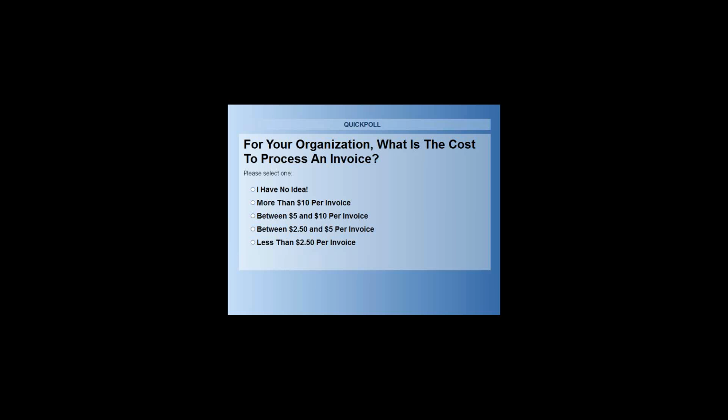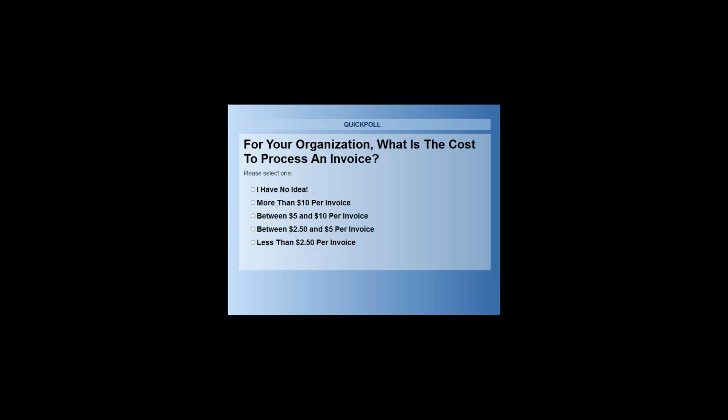For your organization, what's the cost to process an invoice? Again, you might not be privy to that information, so I give you an out on this particular survey. More than $10 per invoice, between $5 and $10 per invoice, $2.50 to $5 per invoice, or less than $2.50 per invoice. A vast majority do not have that information at this point in time. You have no idea.